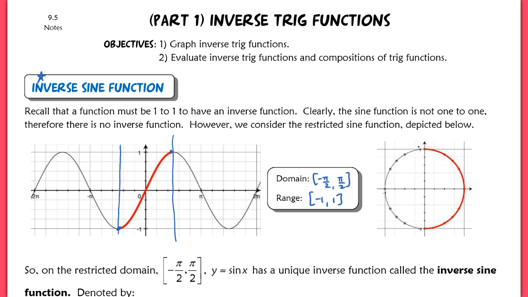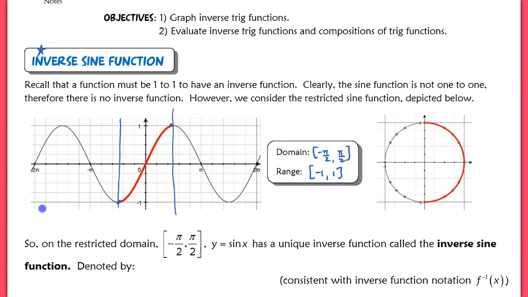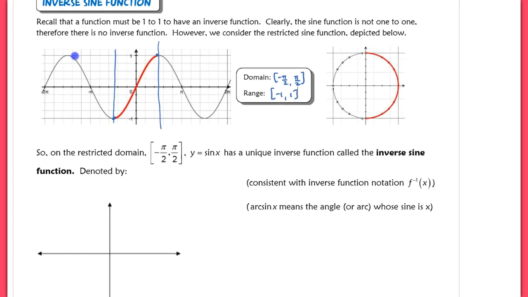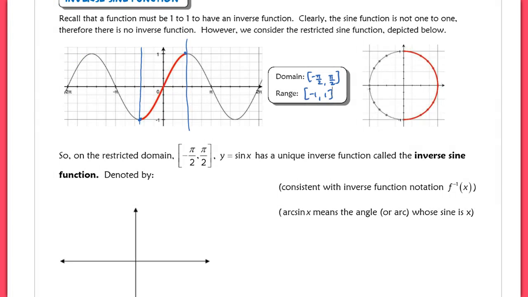So now that we've restricted the domain of our sine function, we have a unique inverse function that's created. We call that the inverse sine function. Now we denote that inverse sine function two different ways. We've seen it written as y equals the inverse sine of x, which is consistent with your inverse function notation, f inverse x. And again, remember that this is not equivalent to 1 over the sine of x, so make sure you don't confuse that in your head.